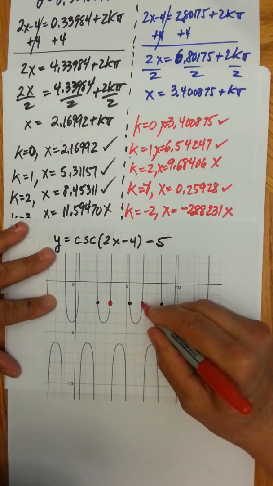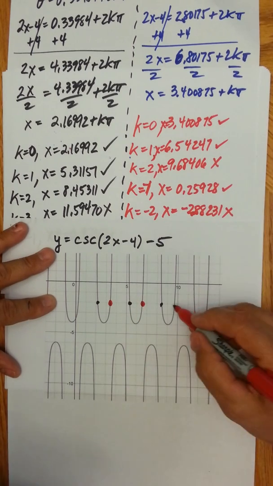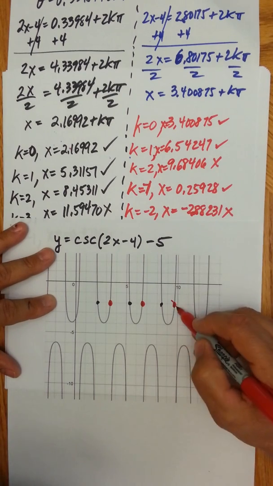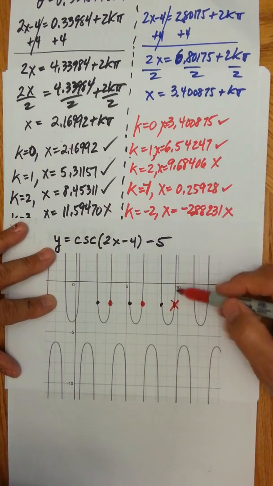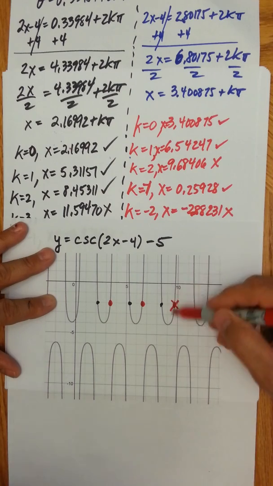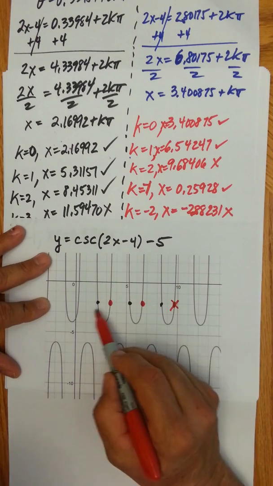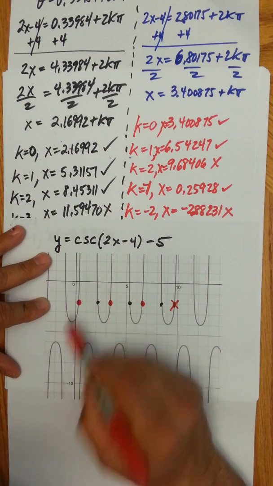That's this one. And k equals 2 will pick up this one, which was not one that we wanted, because it exceeded 9.4, since we wanted to be up to 3 pi. But then k equals negative 1 was this one.